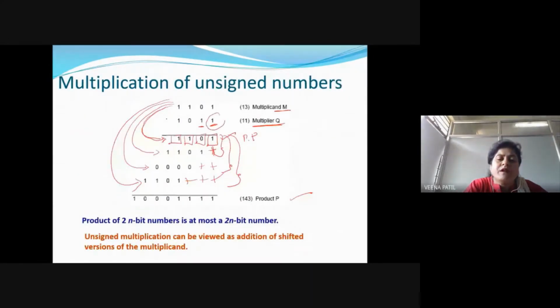If the bit in the multiplier was 1, we simply added the multiplicand, and if you see the next bit of the multiplier, if it is 1, we simply shifted the multiplicand and we added this to the partial product, that is the previous product. Same system we are going to follow here.